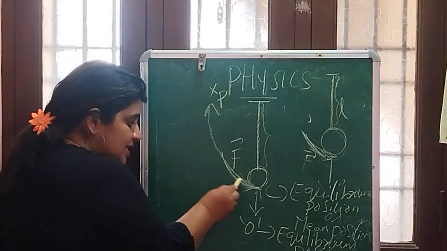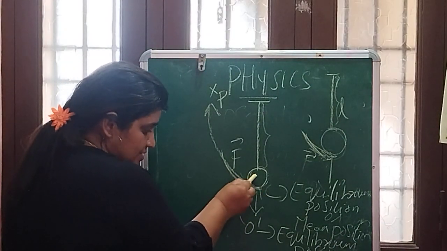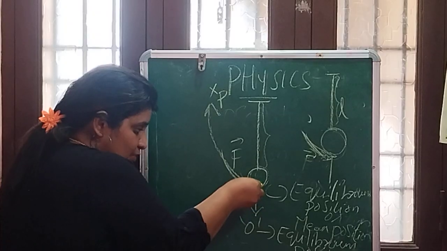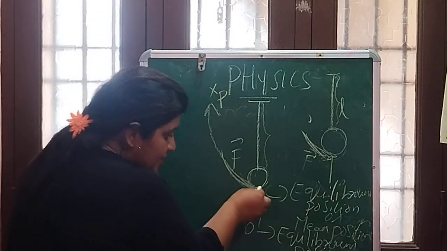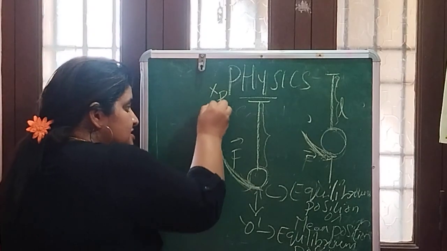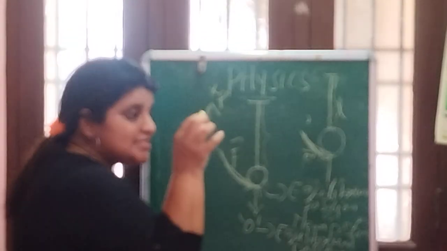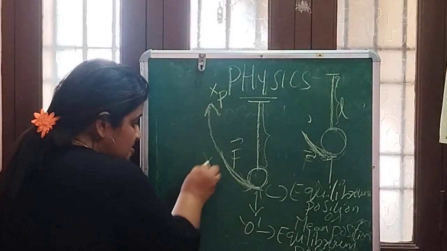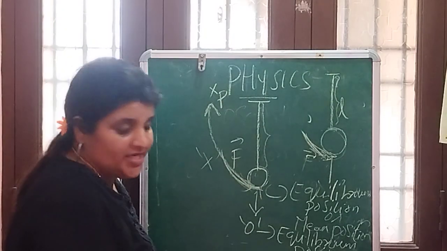By applying force externally, we are taking the bob from the equilibrium position to the extreme position P. Now at the extreme position P, if we release the force, with a displacement x, very important.